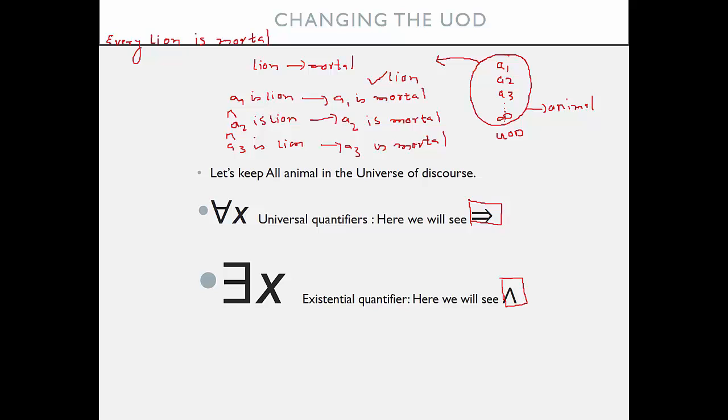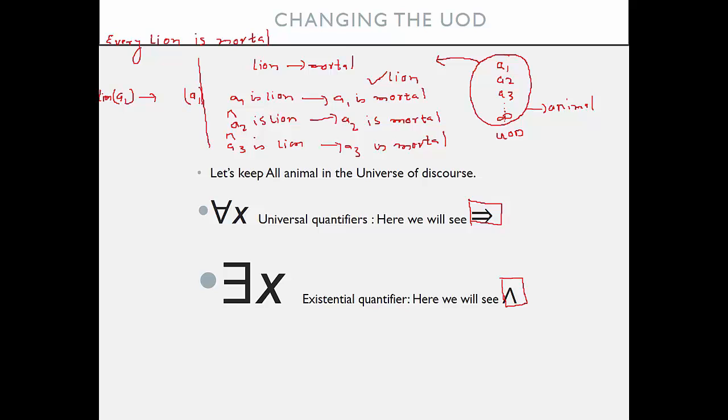So in the previous example, we were talking about only lion, X. Now we have two things. We have two representations. For example, if I have to represent A1 is a lion, I could represent it like this. A1 is a lion. And A1 is mortal, I would represent it like this.